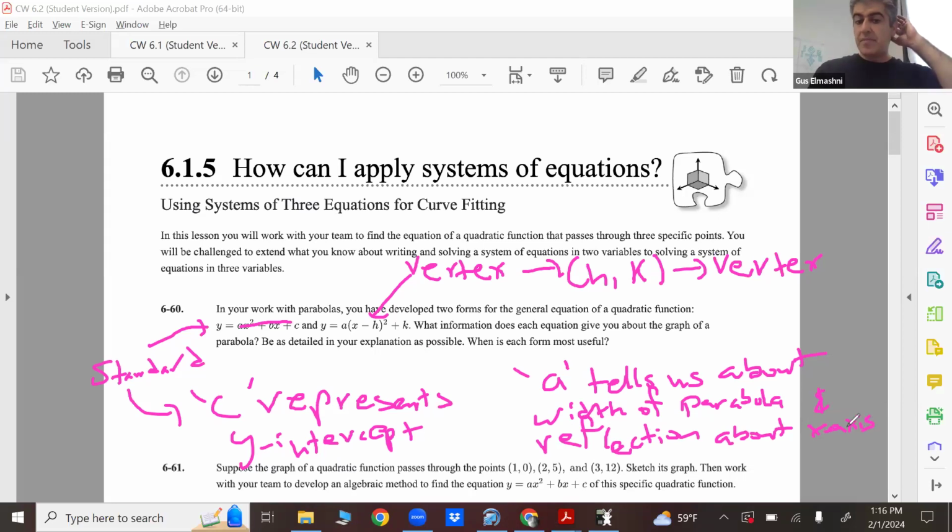Okay, that's what it tells us, and that's true for both standard form and vertex form. Both. a represents the same thing. Whatever you see a, in the vertex form or the standard form, they mean the same thing.